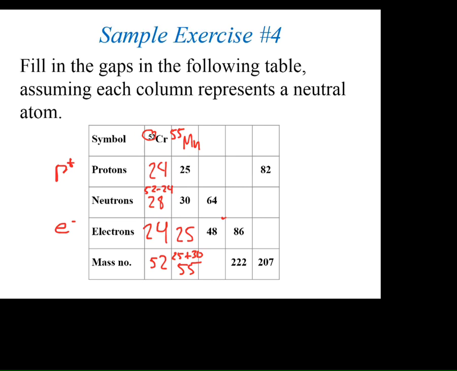Okay, your turn. Try the next 3 columns there, see what you get. Fill in the next one. 64 neutrons, 48 electrons. What can you figure out?